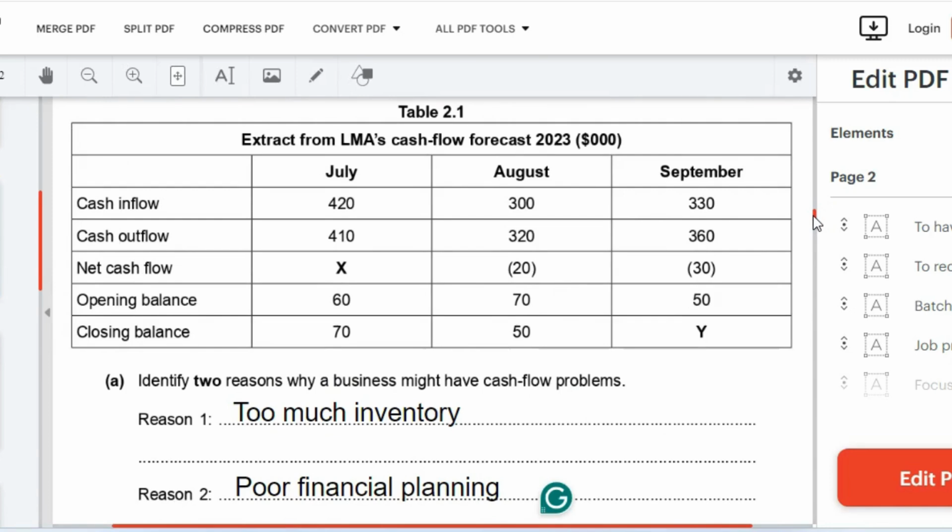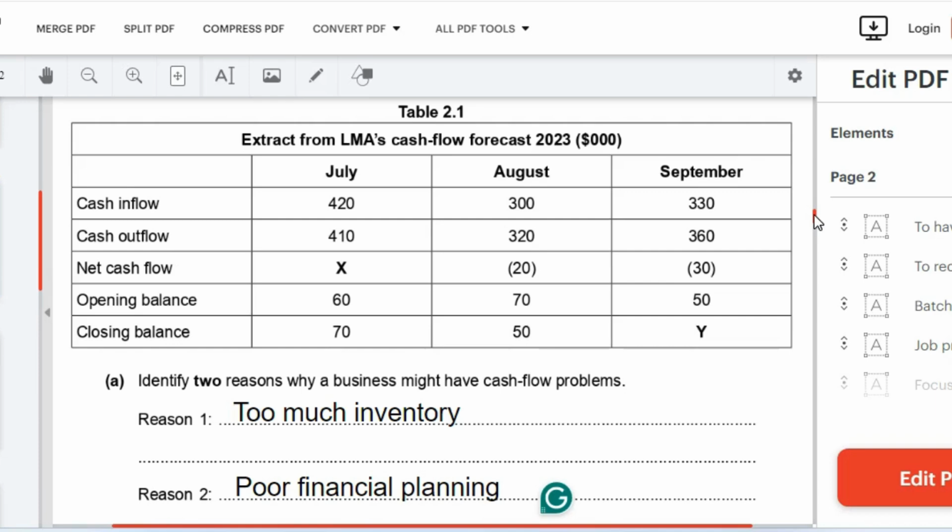Our x here, we were told to find the net cash flow for July, and the y, we were told to find the closing balance for September. Now to calculate our net cash flow, we know the formula is our cash inflow minus our cash outflow.